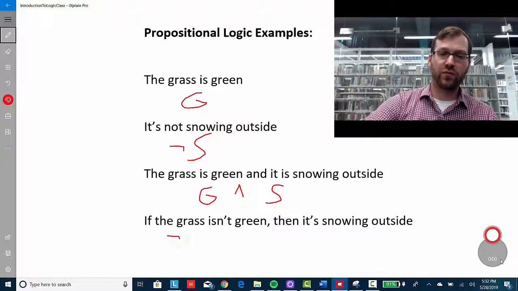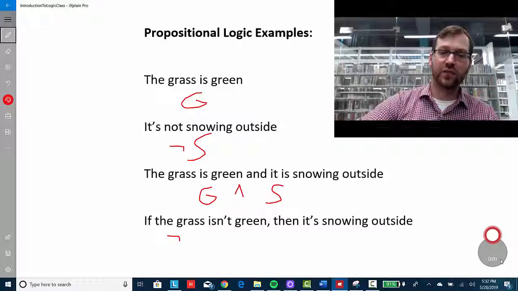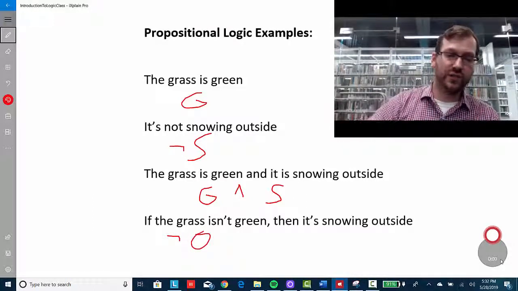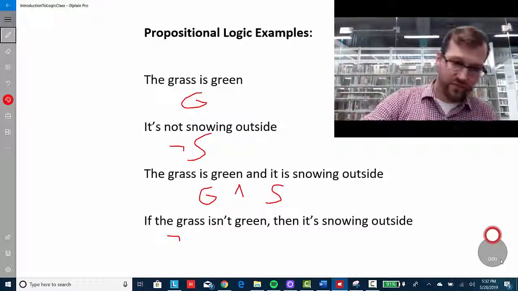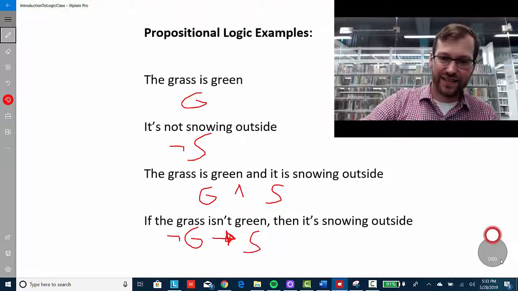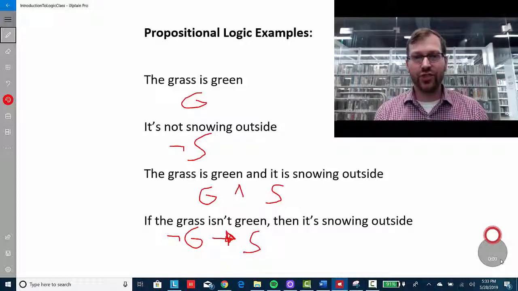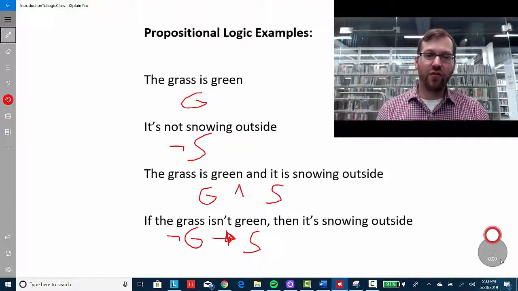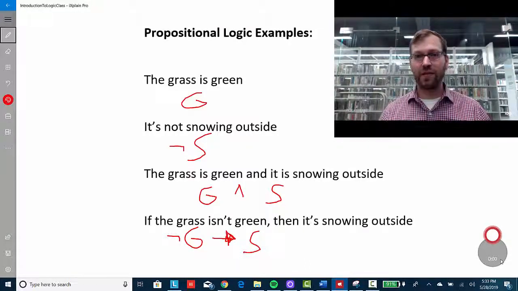So here, this first part, which we call the antecedent, we're saying if not G, then that's supposed to be an arrow, then S. So if it's not the case G, then S. And now our little handlebar symbol and our arrow symbol highlight to us the logical structure that is taking place in the sentence that it's representing, namely the sentence above it, which says if the grass isn't green, then it's snowing outside.